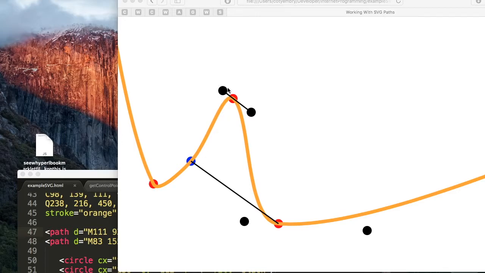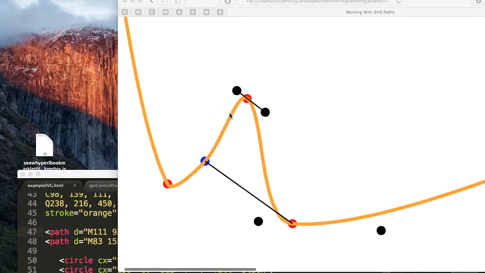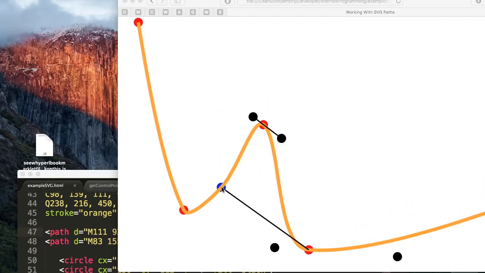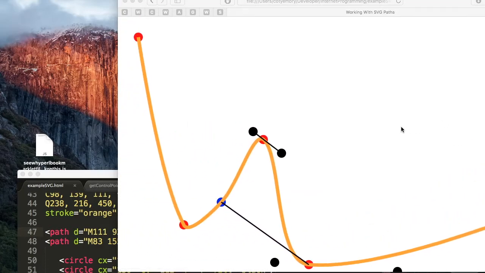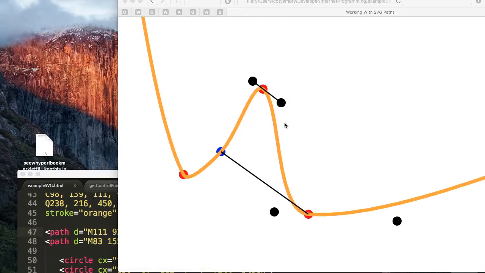How do you get the control points on these knots? Each one has two, so this one is going to have one over here and one over here somewhere. The start and end don't even have control points now that I think about it. So how do you get the control points?